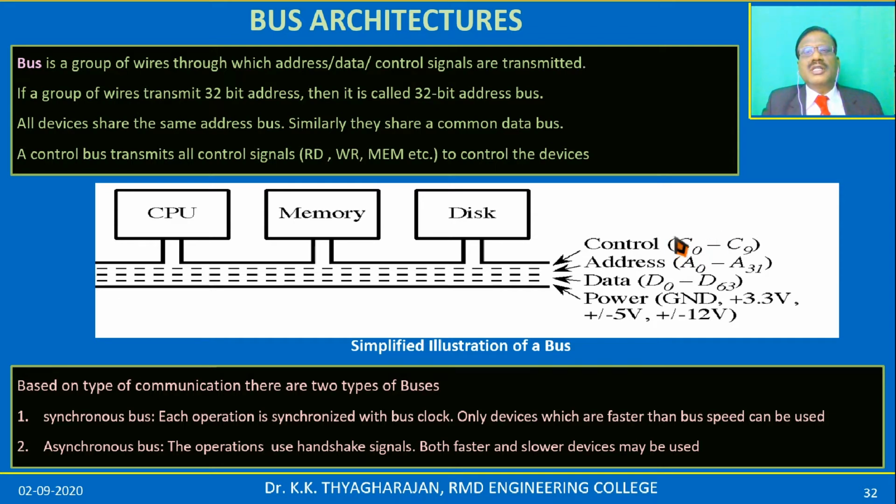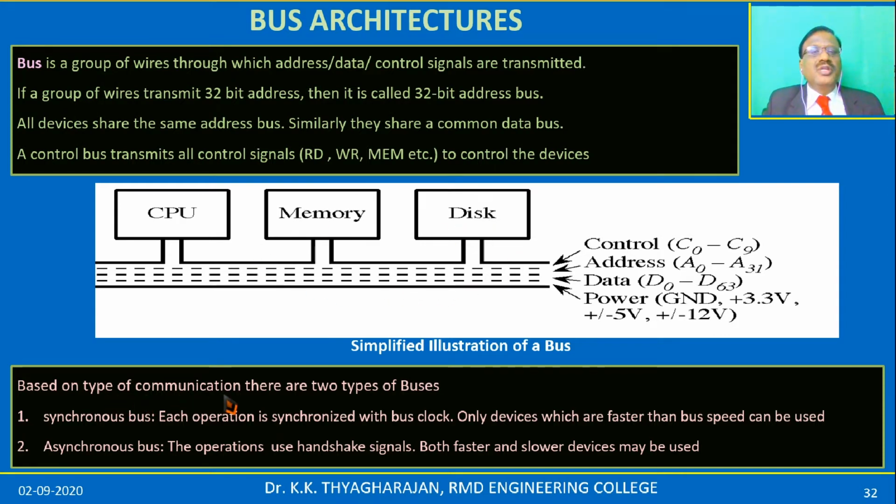Here control signals means read, write signals and memory signal or IO signal, etc. Similarly, all the power lines are grouped together and form another bus. So, this is the simplified illustration of a bus.